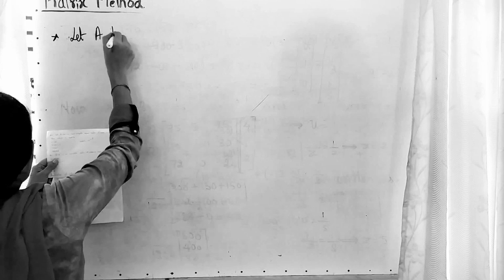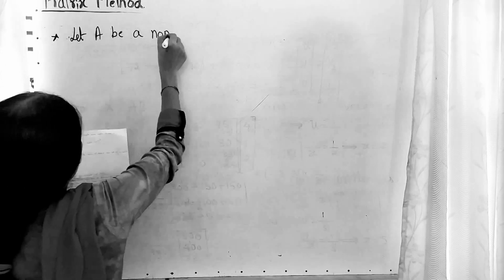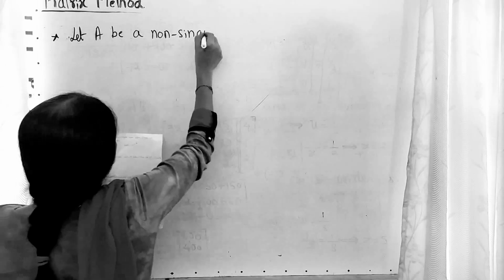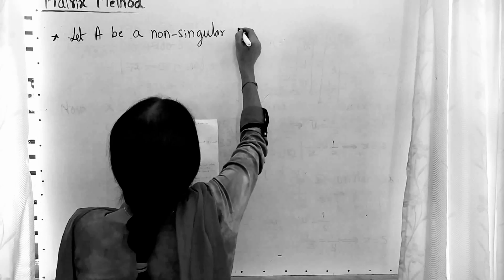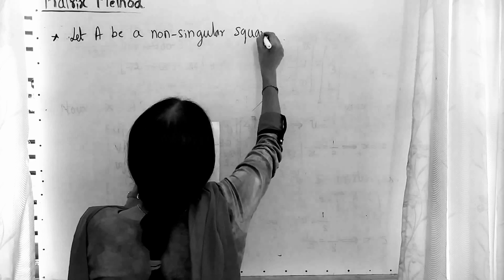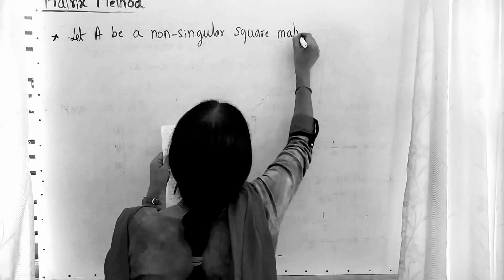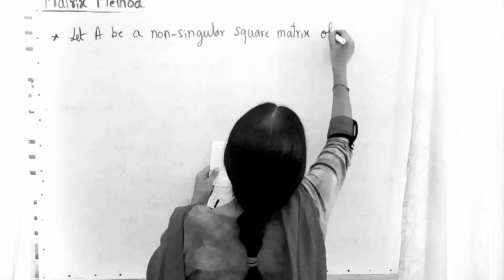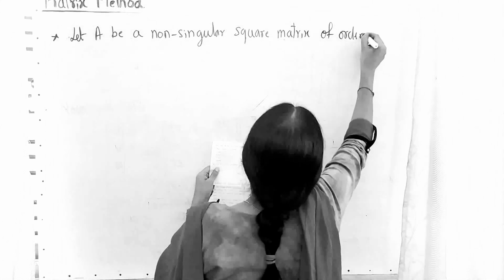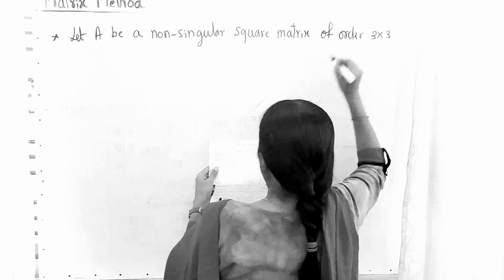3 examples are there. Let A be a non-singular square matrix of order 3 by 3.